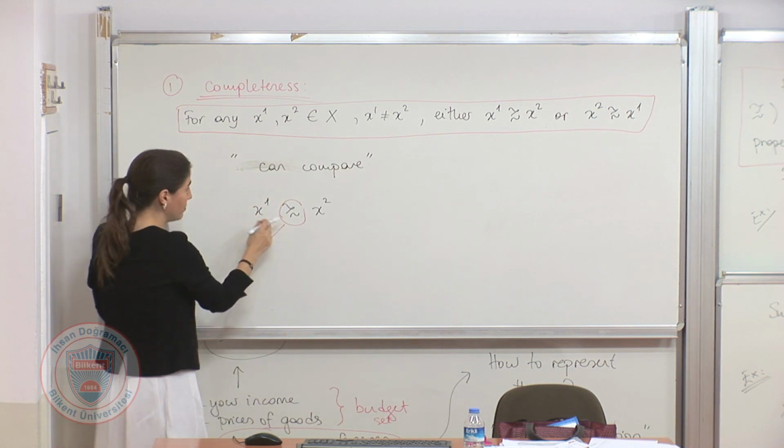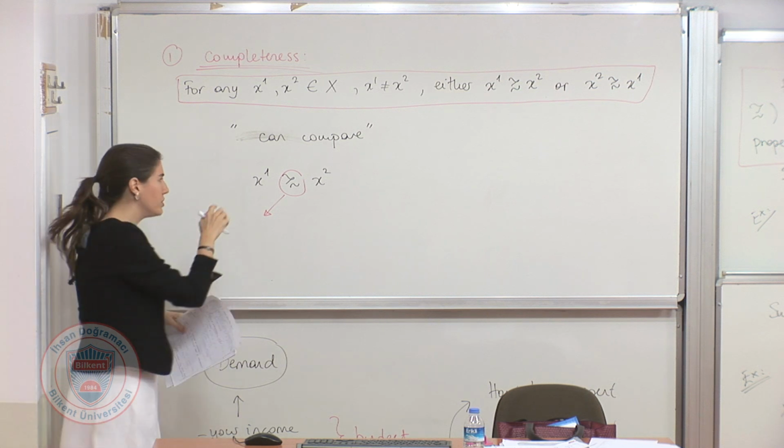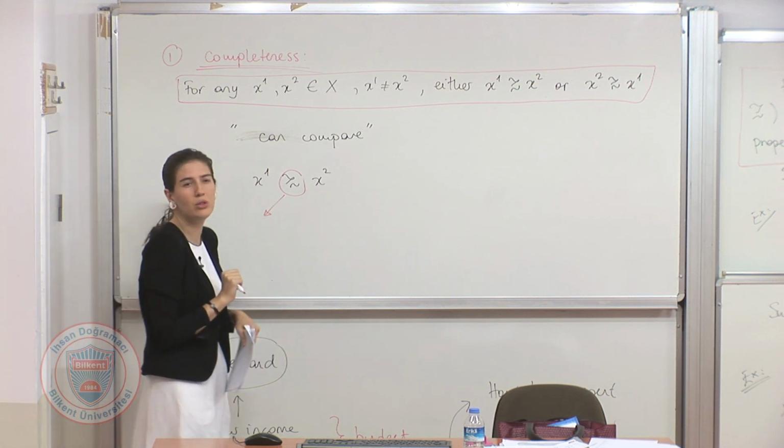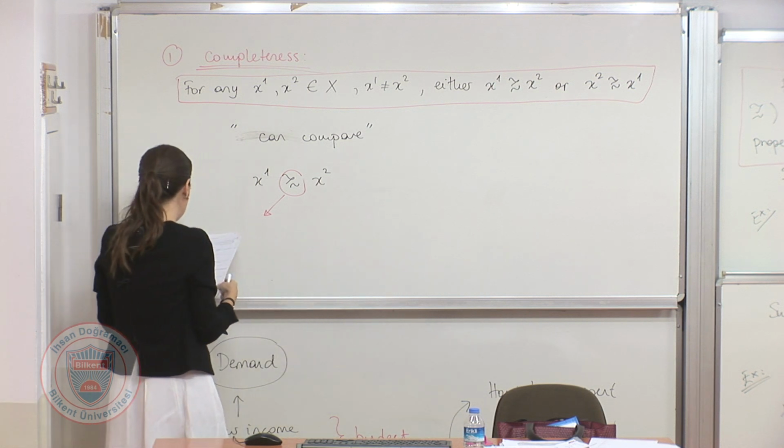As we see, this has two parts. One is when you strictly prefer x1 to x2. You say, oh, hocam, I like x more than z, okay? So let's write this.